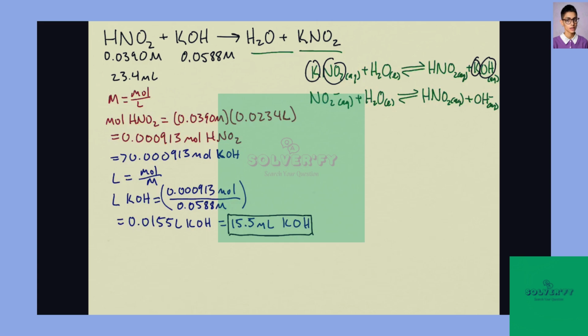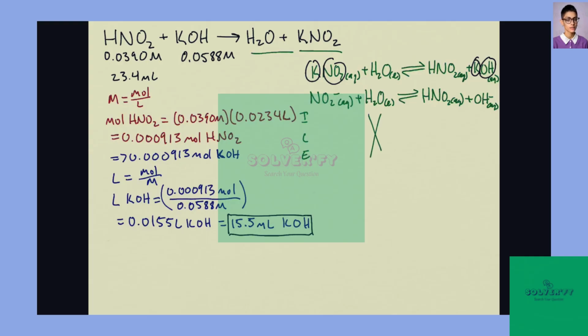Now let's set up an ice table. Our first step is to figure out what the concentration of NO2 minus is in the initial step. We don't have to worry about water since it's a liquid, and we don't use liquids in our calculations.